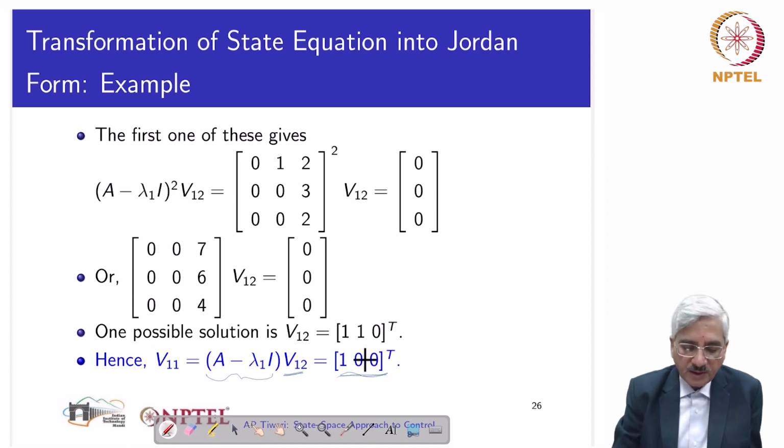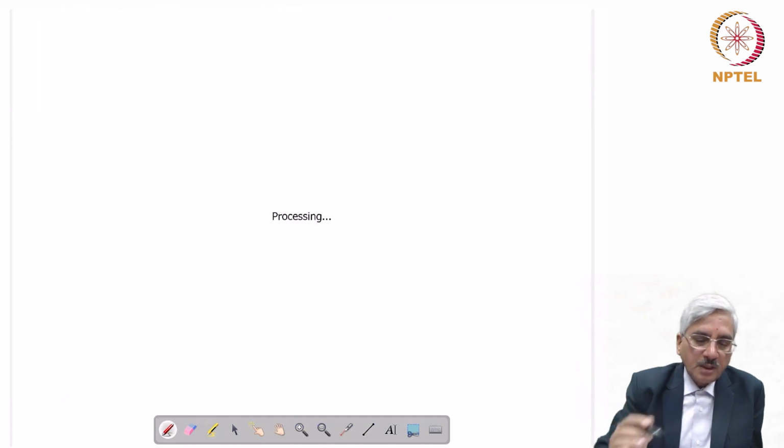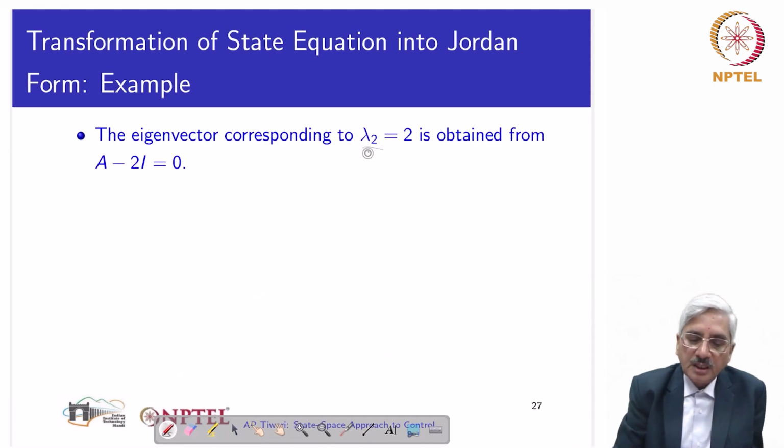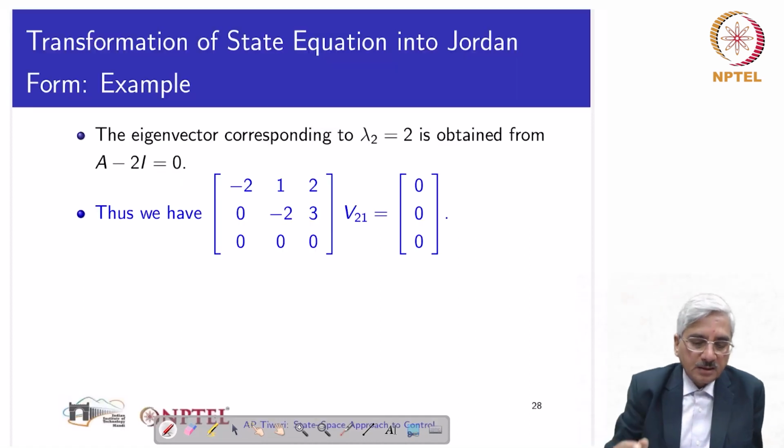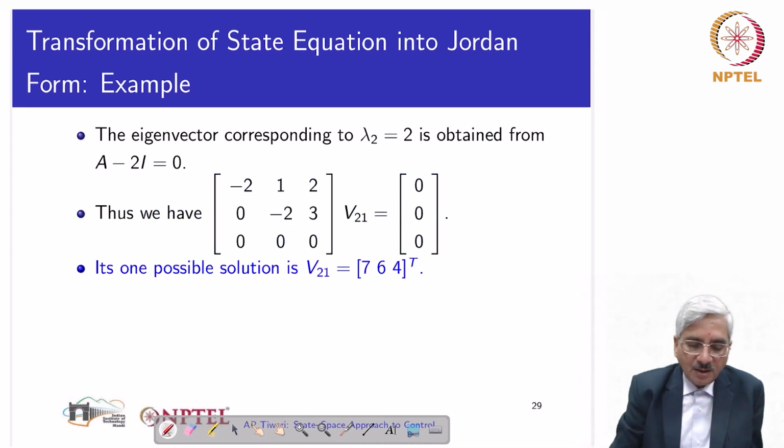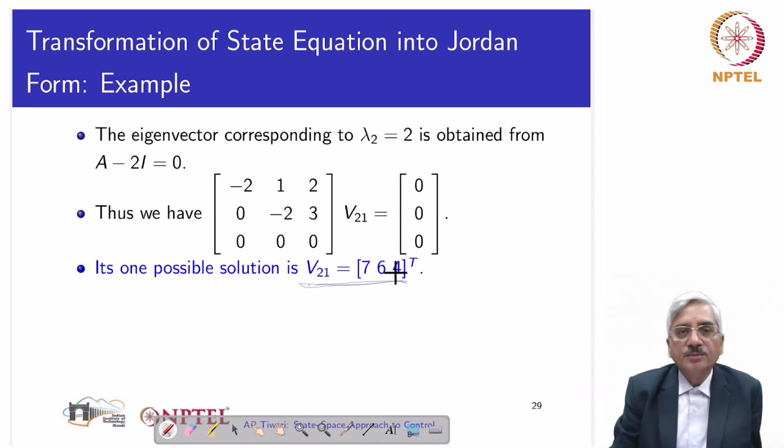We got two of the eigenvectors, V11 and V12. We obtain the third one corresponding to lambda 2 equal to 2 by solving this equation, and when we solve this we get V21 as the column 764.